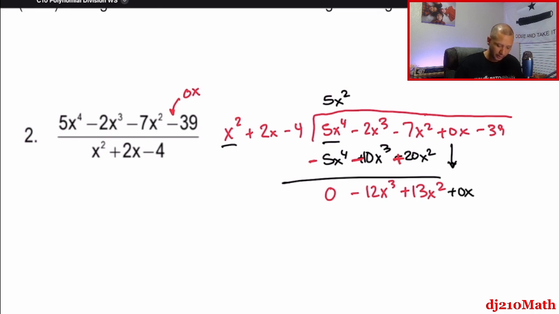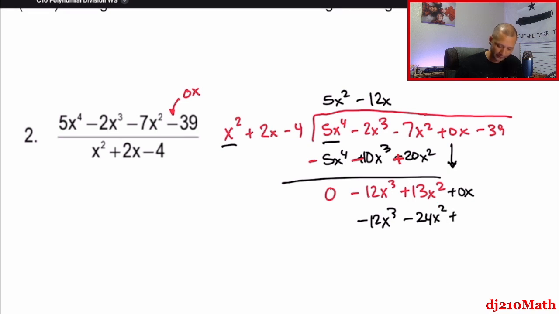We start over. x squared times what gives me negative 12x cubed? So negative 12x. We multiply. We get negative 12x cubed. It matches, so we're good. This is negative 12 times 2, 24x squared.